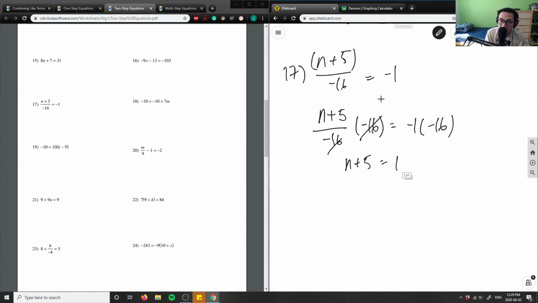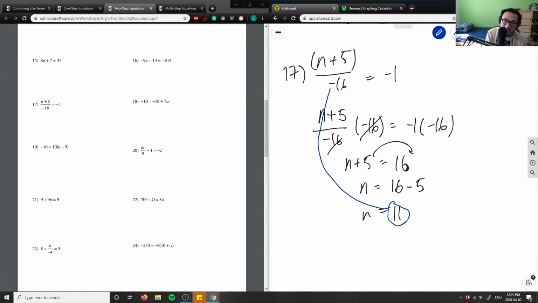Now all I have to do is get rid of this plus 5. If I want to get rid of this plus 5, I want to move it to the other side, so I subtract 5 from both sides, right? So I have 16 minus 5, which is 11. So n equals 11, and I can do a little check here and substitute 11 back into my equation.